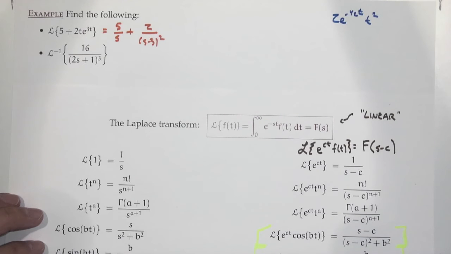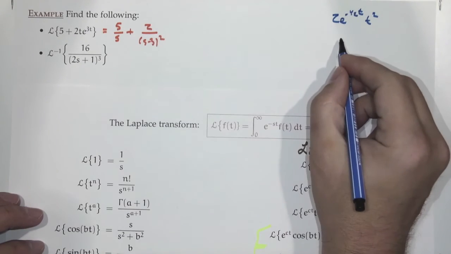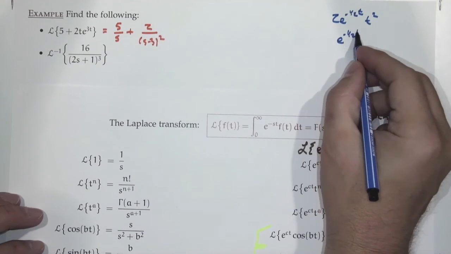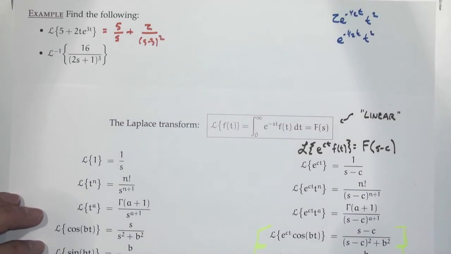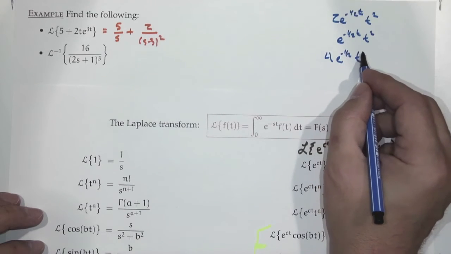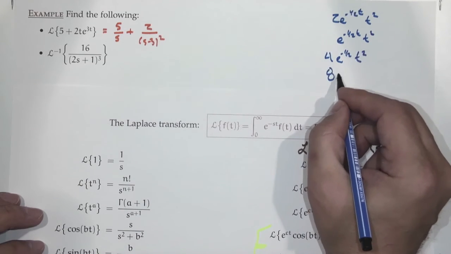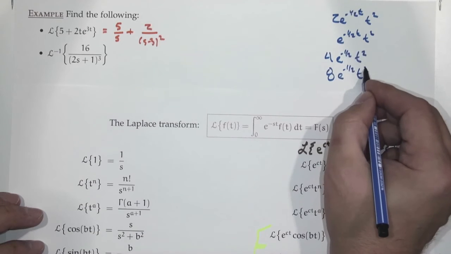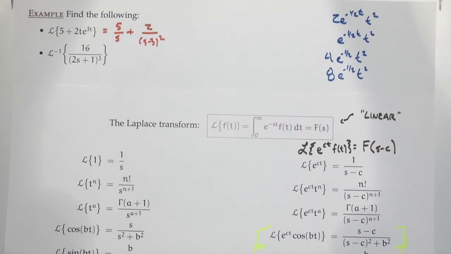Are there other answers? Same thing, but without a 2. Same thing, but with a 4 in the front. Someone has said, let's throw an 8 just to respect all our powers of 2. Okay. One of these is probably right.